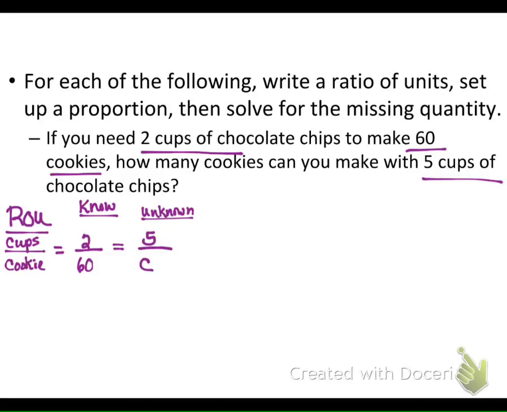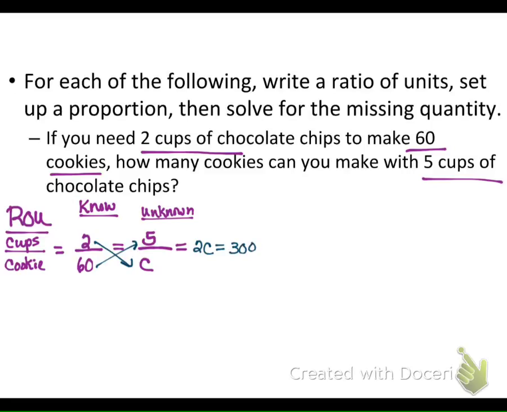So my next step is to, that's right. So it's 2 times C. Okay. Then what do I cross multiply? Which equals? 300. Now what do I do?